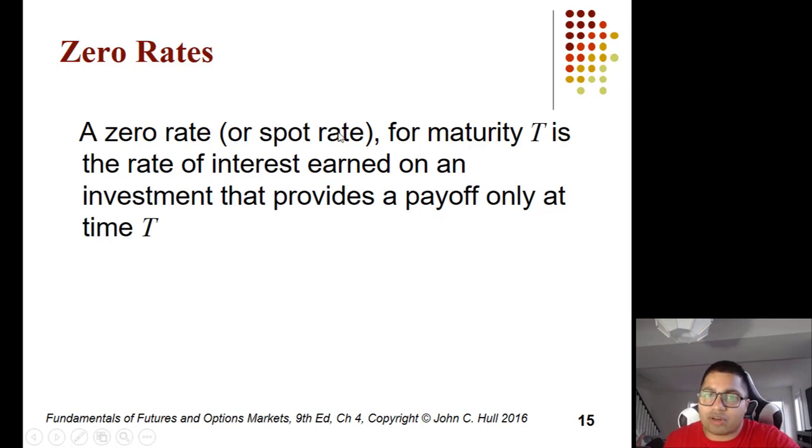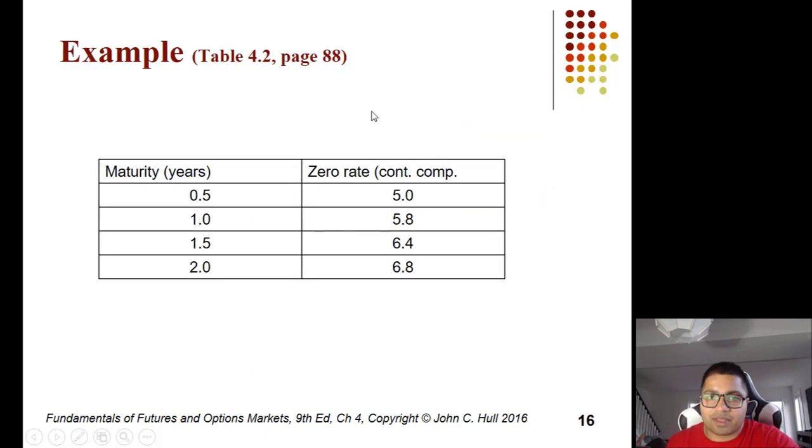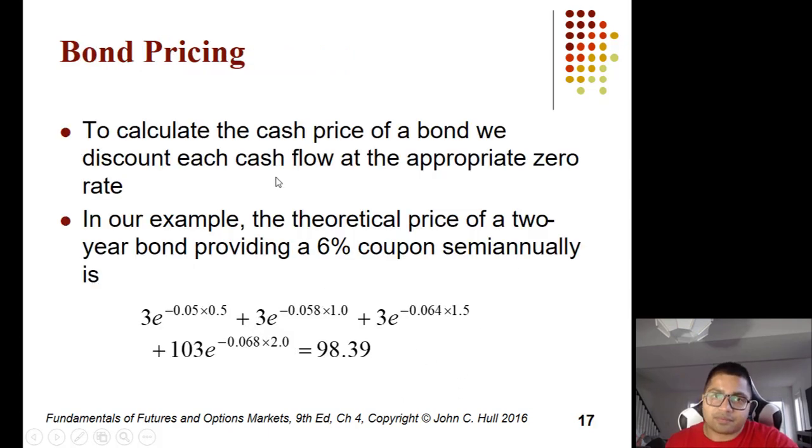So a zero rate or a spot rate for maturity T is the rate of interest earned on an investment that provides a payoff only at time T. So for a zero coupon bond that matures at time T, whatever the yield is, that is the zero rate. For example, 6 months is paying you 5% yearly effective, 1 year is paying you 5.8%, 1.5 years is paying you 6.4%, and 2 years is giving you 6.8% every year.